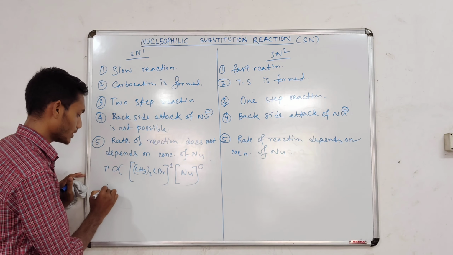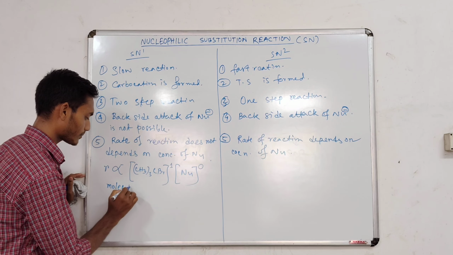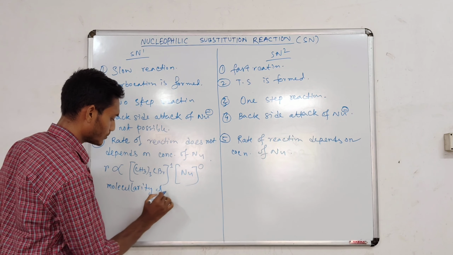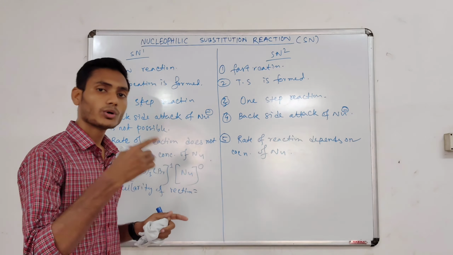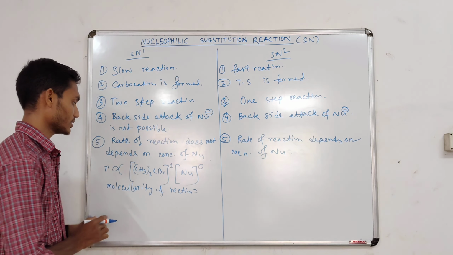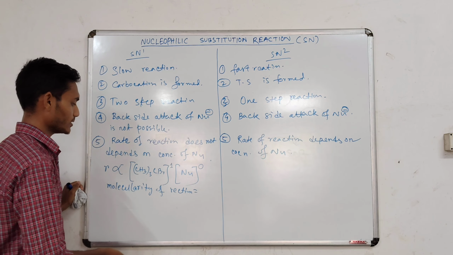So the molecularity of reaction, what is molecularity? The number of molecules on which the rate of reaction depends. Here the rate of reaction depends only on the substrate, so the molecularity of the reaction is 1. That's why we call it a unimolecular nucleophilic substitution reaction.